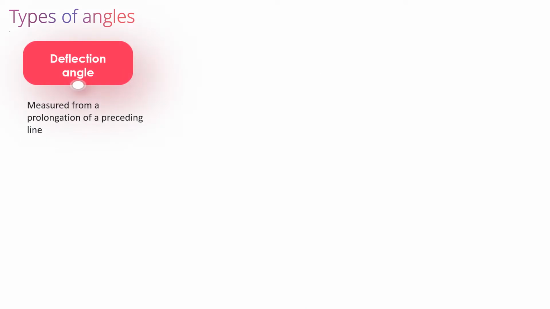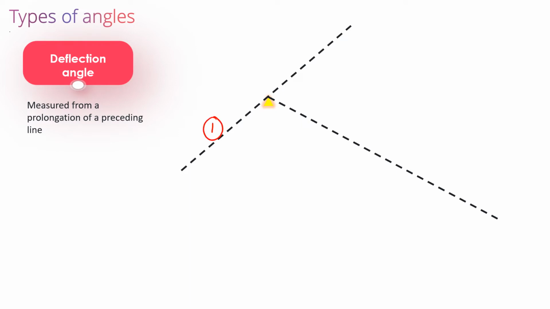Next is the deflection angle. The deflection angle is the angle measured from the prolongation of a preceding line. So what does that mean? Here we have two lines, line number 1 and line number 2, and this is where they meet. This extension that you see is the prolongation, or the extension, of line 1, and if we measure the angle from this extension to the next line, this angle is called the deflection angle.